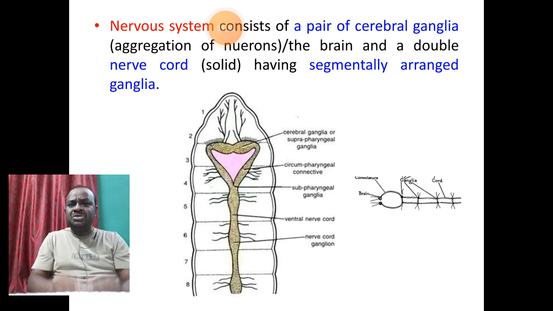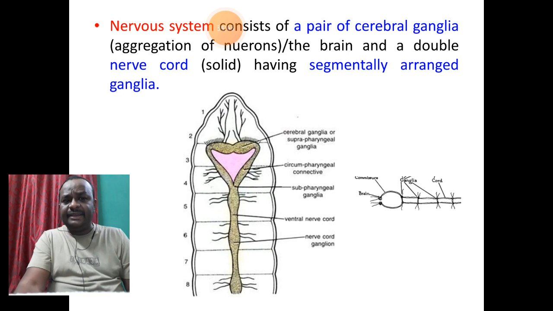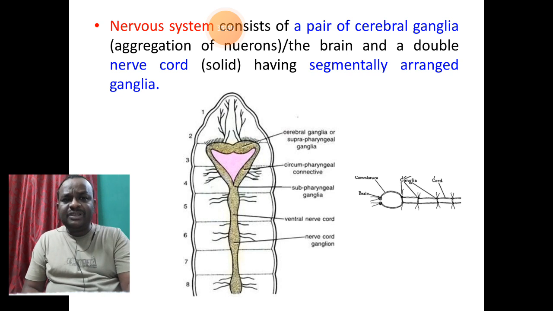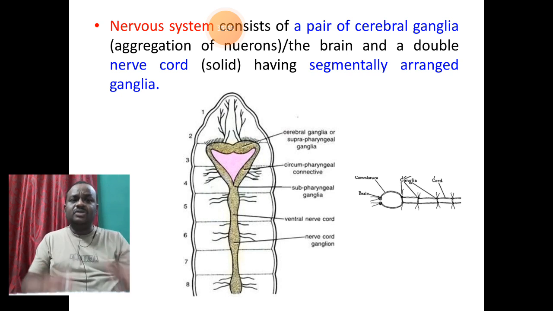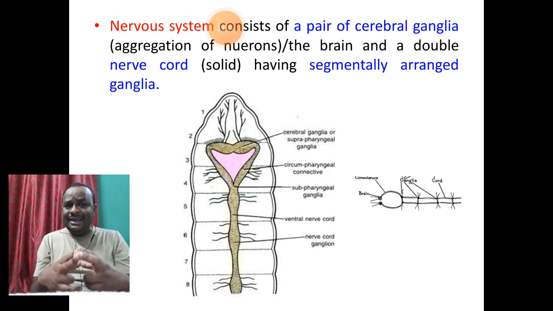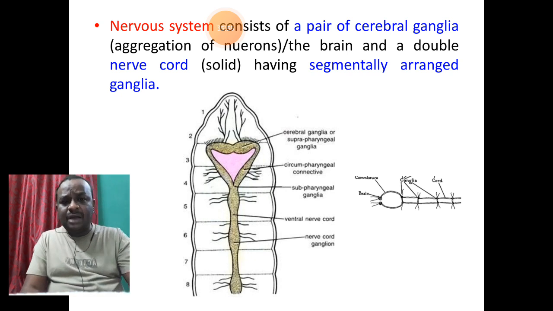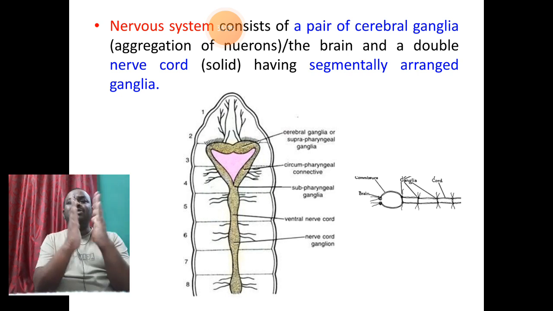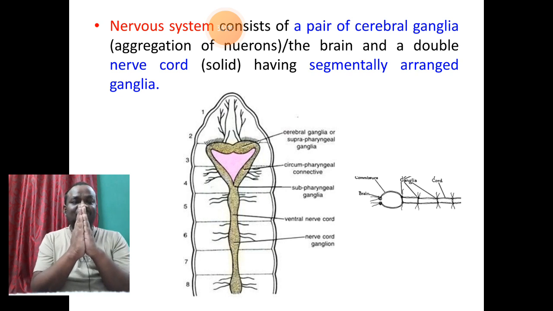That will continue down at the ventral position towards the posterior side, at the mid location of the body, into 2 nerve cords. On the left side of the diagram, the ring-shaped cerebral ganglia continues down as 2 elongated solid cords. In the first diagram on the left, both of them are joined, otherwise they remain as separate structures.